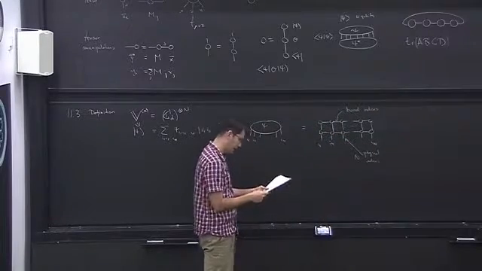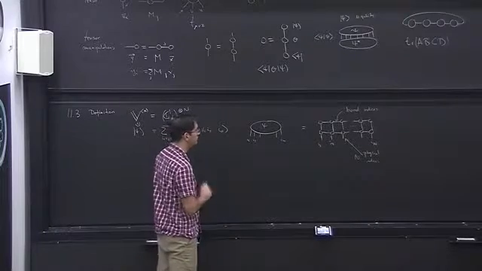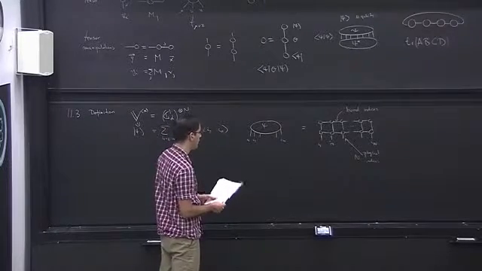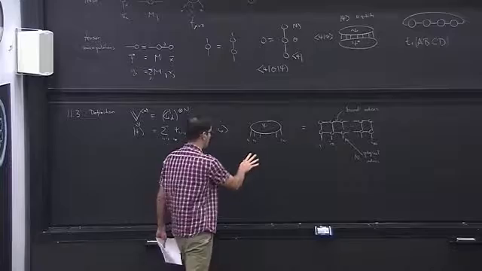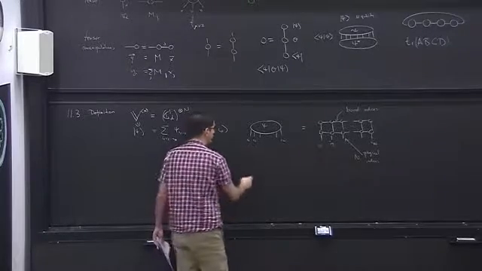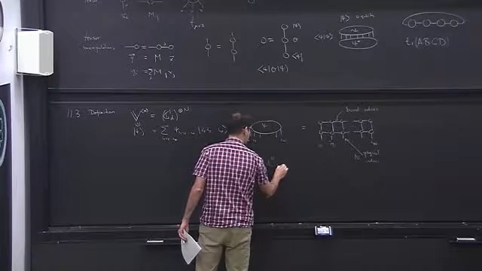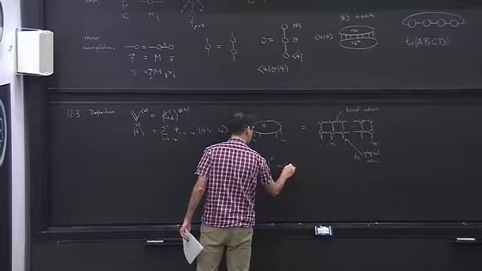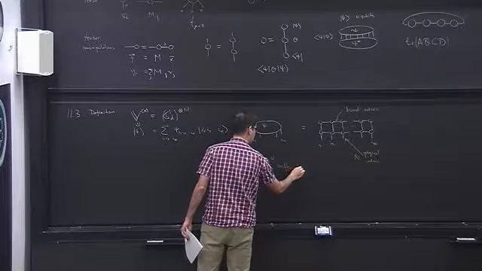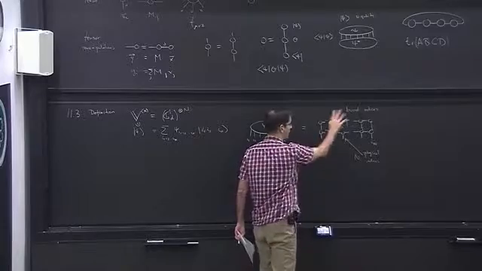Then the first thing I want to do is compare how many coefficients we have on this side, which you already know the answer to. It's d^n coefficients. And I want to count how many coefficients we have on this side.